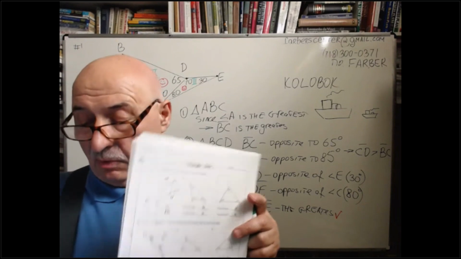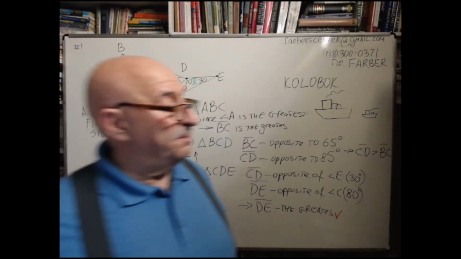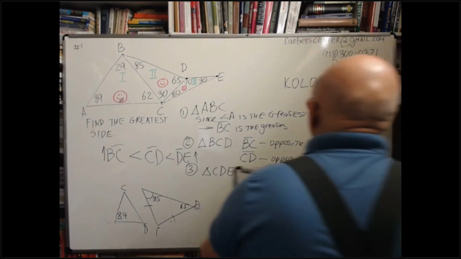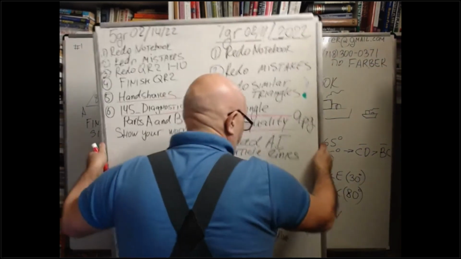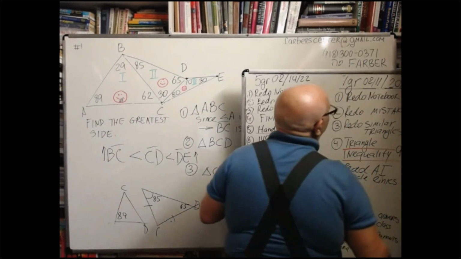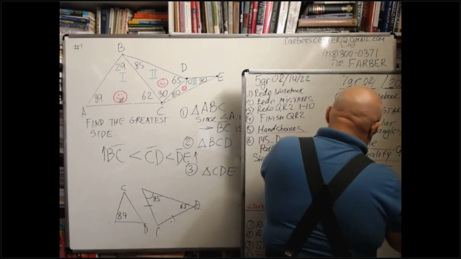So let me give you homework. What you're supposed to do at home. First of all, let me take this one. Today is 14. What you're supposed to do at home?